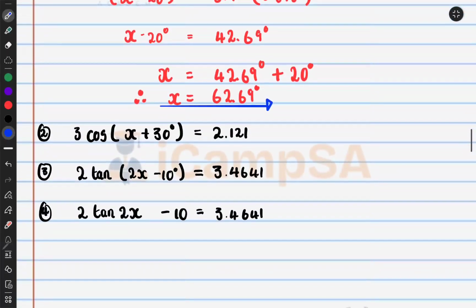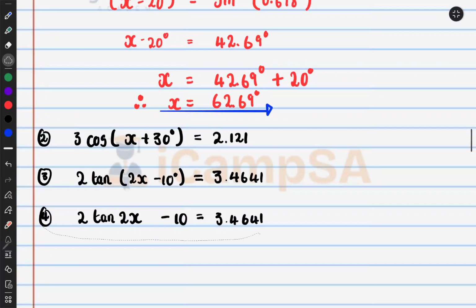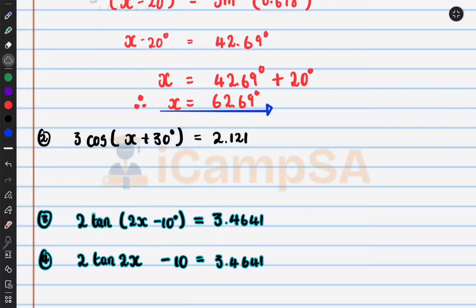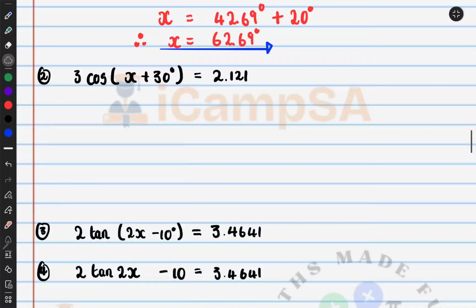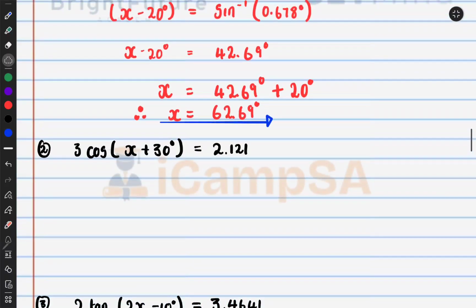Okay, and then next let's solve for x once again. Here we have 3 cos (x plus 30 degrees) is equal to 2.121. The x plus 30 degrees is your angle, all of that, and 2.121 is the ratio. First thing we have to isolate the angle.